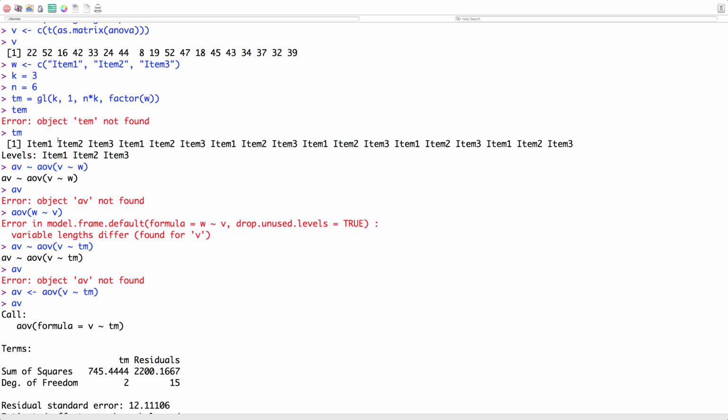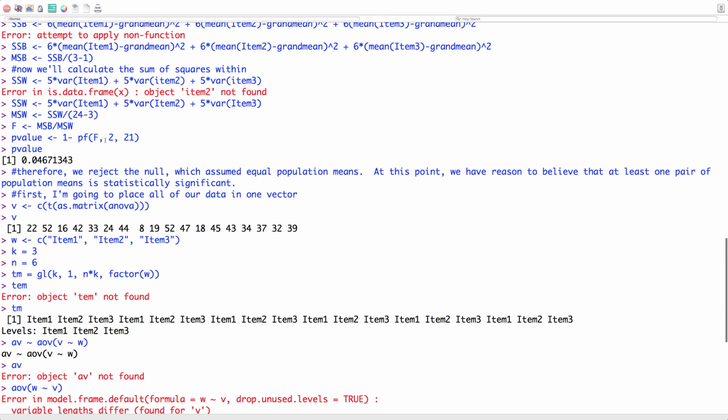So I have N minus K, we have 6. Oh, I know what I did. Daggone it. Guys, look right back up here. I don't know why, but I multiplied 6 times 3, I got 24. So that should clearly be 15.